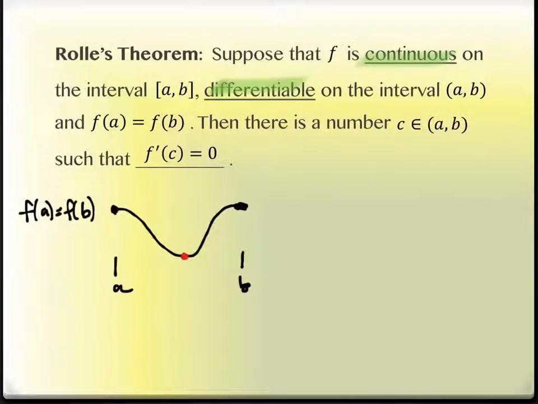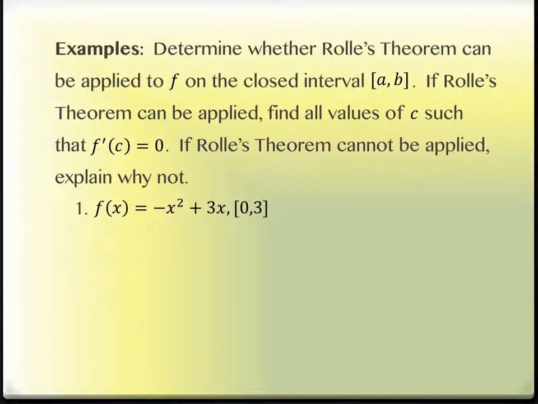It had two pieces that you had to test for. So we're looking at the same kind of thing here. We have to test for being continuous and being differentiable. And then if it has those two conditions, we're going to find where the derivative equals 0.